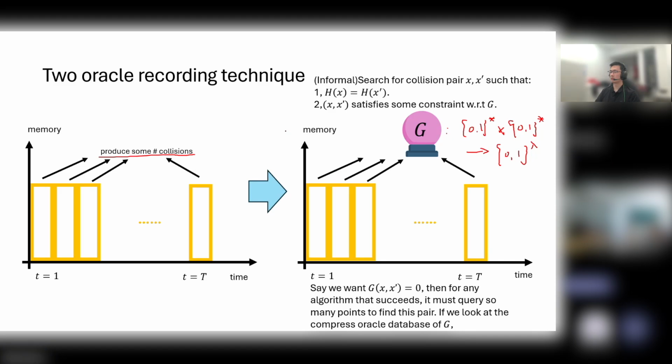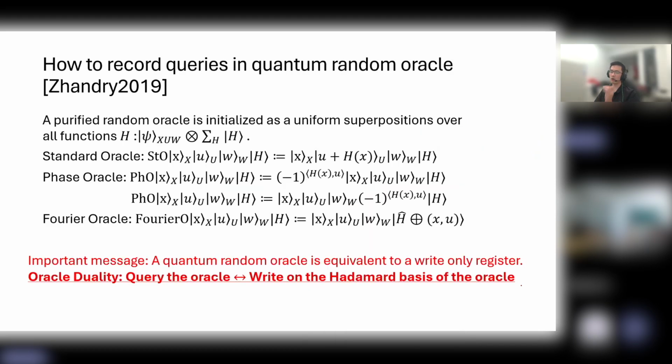Sorry, so the write-only tape is the same as the output tape, or no? Write-only, no. There are some subtleties here, but the idea is that in the original long output problem, you have a physical output tape. But in this new problem, you don't have this output tape, but what you have is an oracle G. This G serves as an output tape because previously in this slide, we know that an oracle itself is a write-only tape.